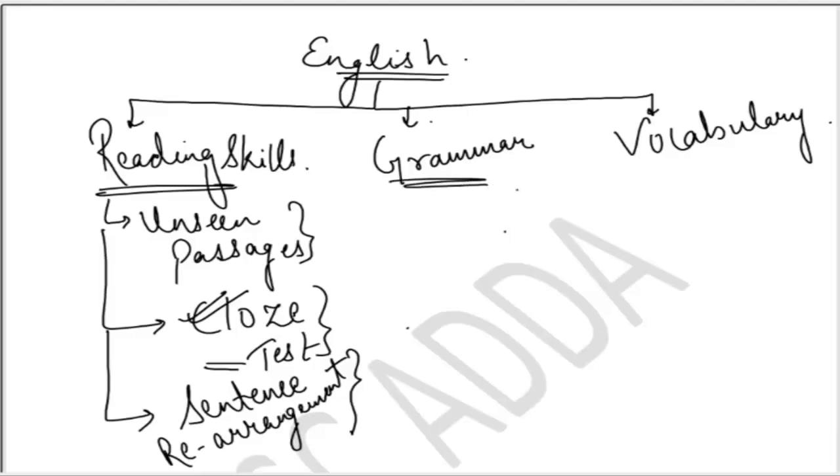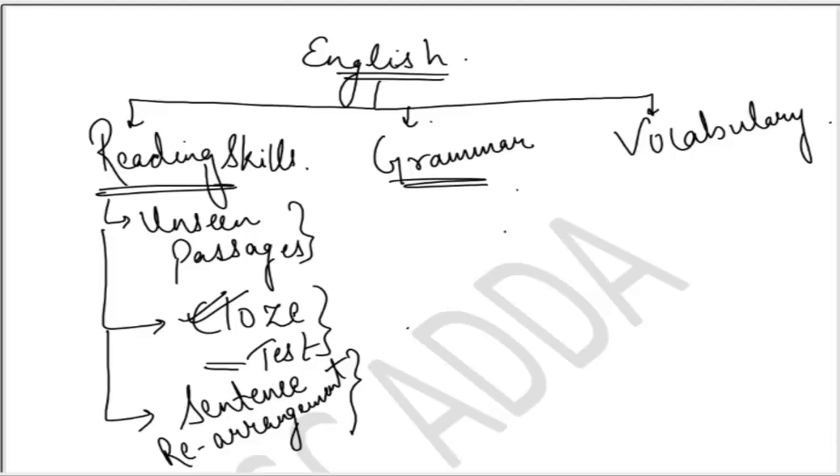As far as we know, in grammar we need to study noun, pronoun, adverb, adjectives, tenses, subject verb agreement. All these are topics of grammar, but not all are important from your examination perspective.